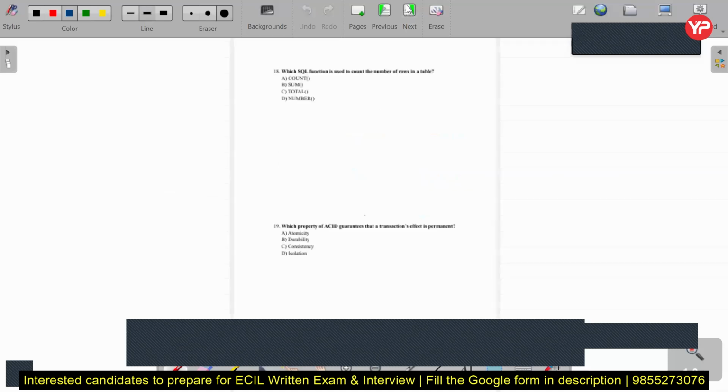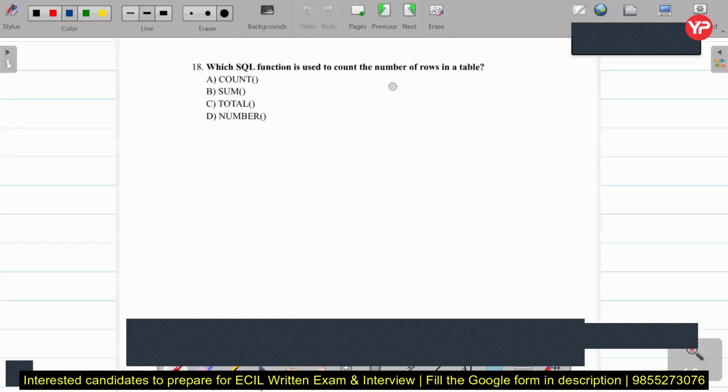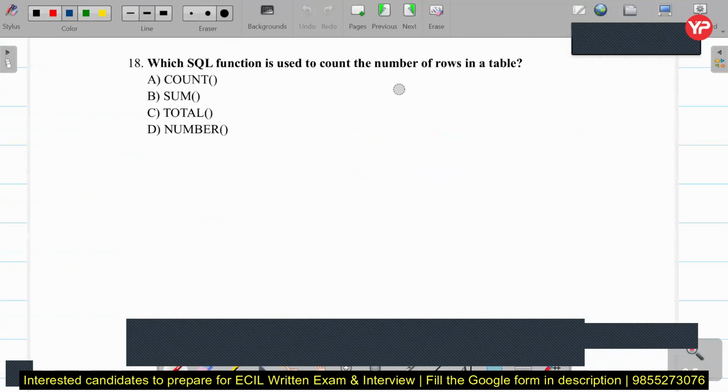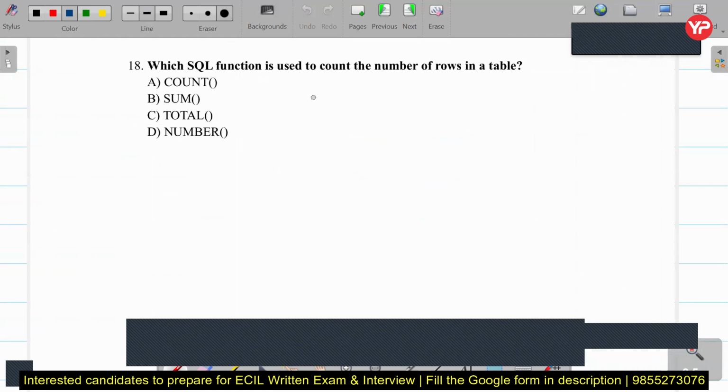Fine. Next. Which SQL function is used to count the number of rows? Very good. If you are not aware of all these questions, then you find some similarities between the options. But if you know SQL, then it's very simple. Which SQL function is used to count the number of rows in a table?